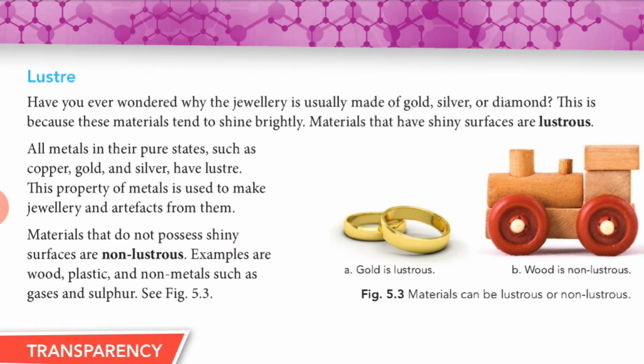And non-lustrous means which does not give shine, which is not possible to shine, right? That means they don't have a shiny surface, like wooden material, plastics, sulfur. These are all called non-lustrous materials.